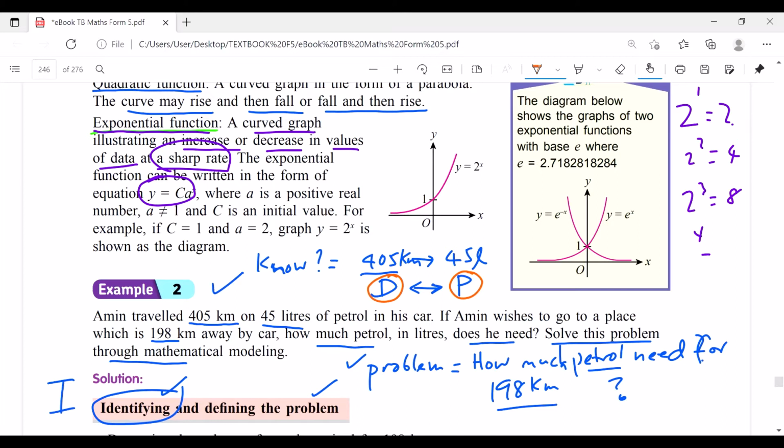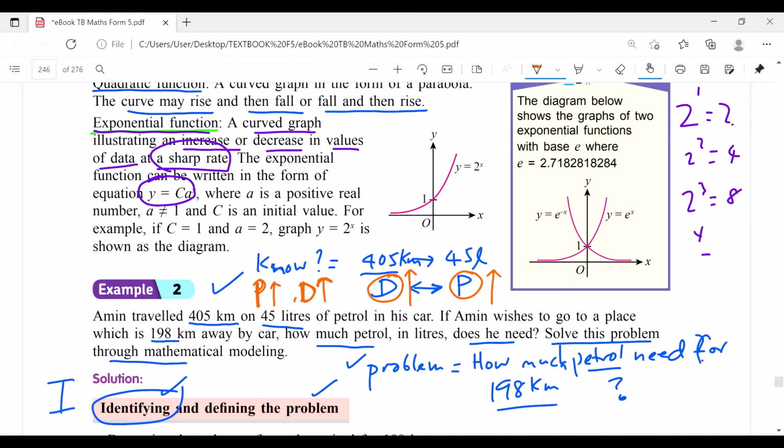When the distance increases, of course petrol also will increase, or vice versa. If petrol increases, distance also will increase. When more petrol is used, it shows that the distance also will increase.